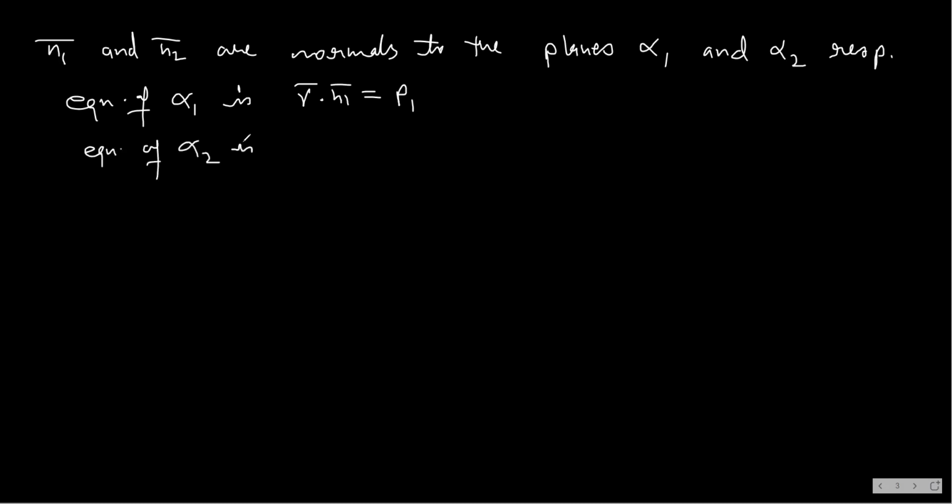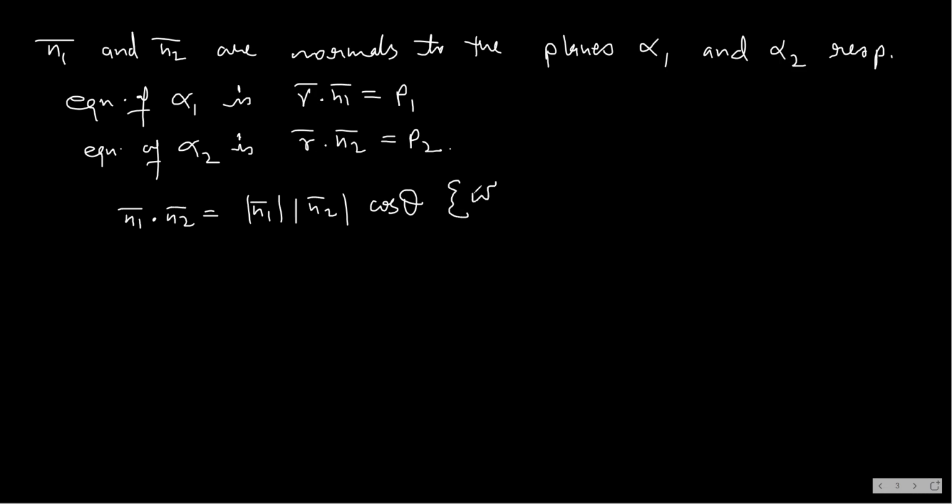Equation of alpha 2 is r bar dot n2 bar equals p2. Now I write n1 bar dot n2 bar is equal to mod n1 mod n2 cos theta, where theta is the angle between the two normals, that is n1 bar and n2 bar.